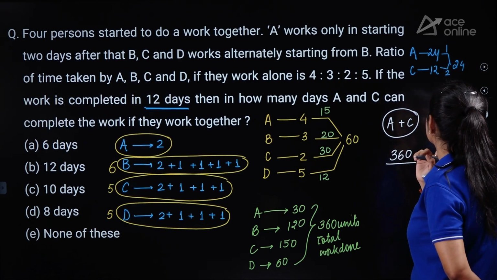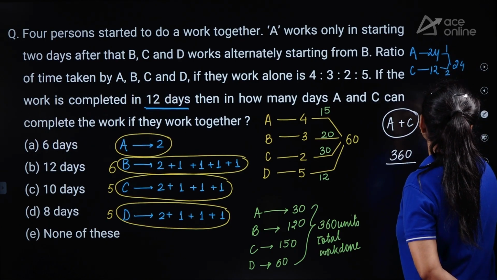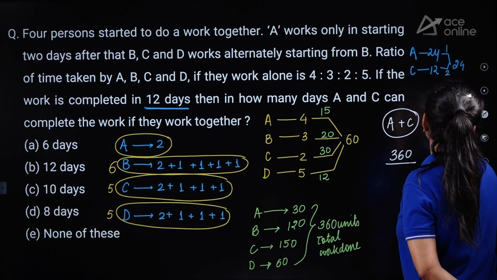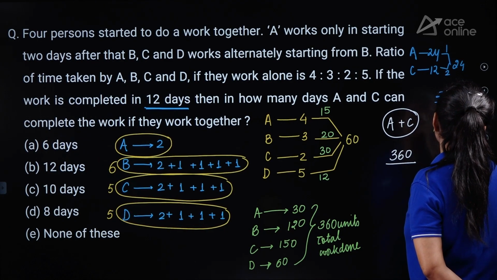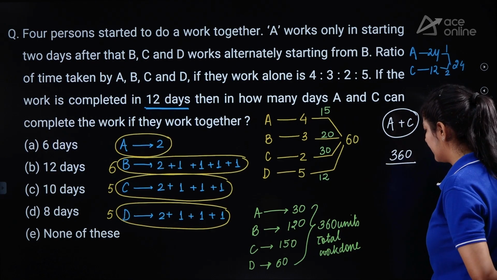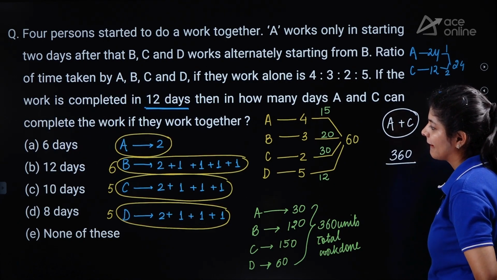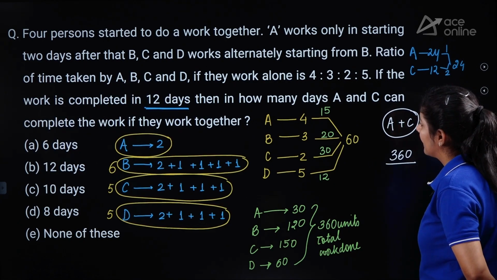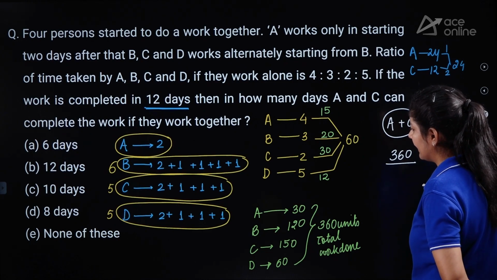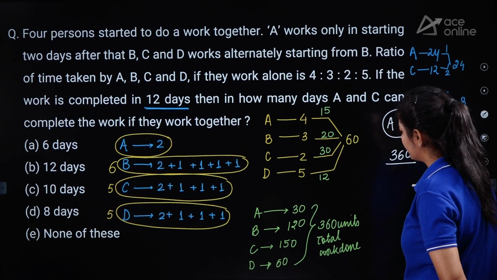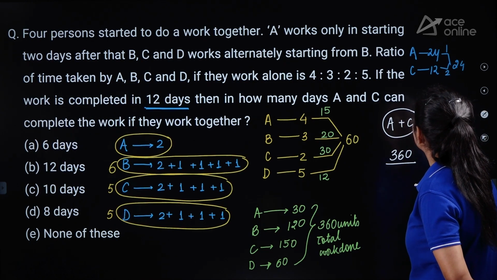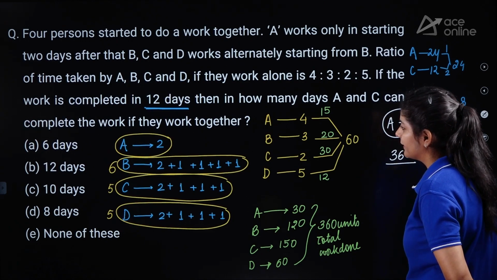So basically 3. Here we get 24 by 3, that is 8. That is nothing but 8 days. So the correct answer over here is 8 days.